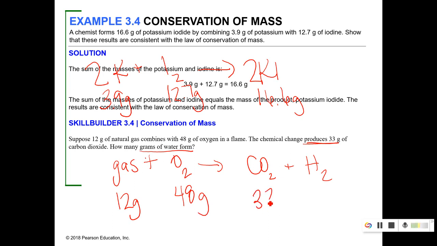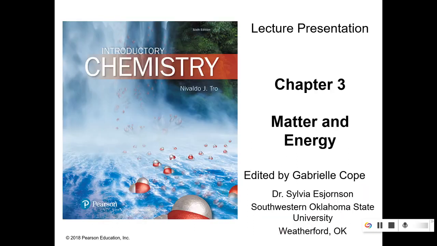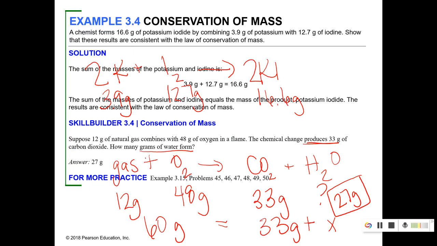Carbon dioxide is 33 grams, and I need to know what water is. This side is 60, which makes it 27 grams of water, because it's got to add up to the other side, which is 60 grams. That's it for the day. Y'all have a great day.